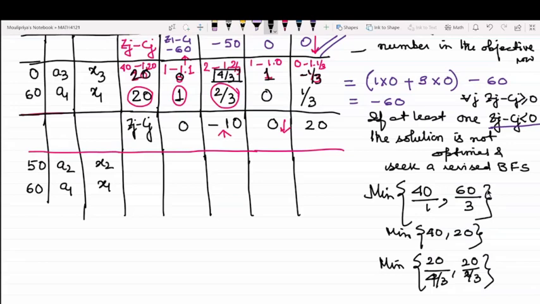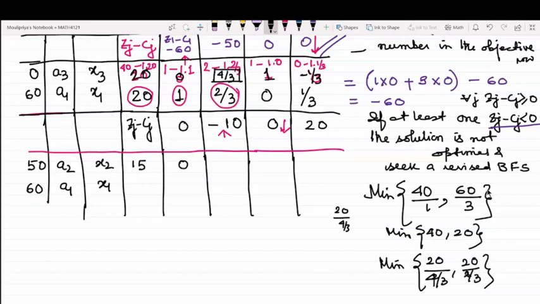Since the number within the box is 4/3, first we write down the revised row 1, which is obtained once you divide all the elements by 4/3. What about the revised small b? 20 by 4/3, that is 15. Next it remains 0.